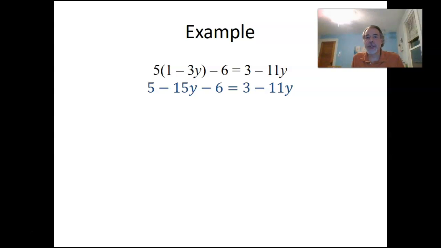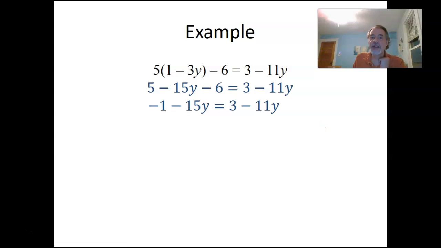Any like terms that are already on the same side that we can just go ahead and combine? Well, over on the left side, there are 3 terms in all, and 2 of those terms are constant terms, the 5 and the minus 6. So we can combine those into minus 1. All the other terms stay the same, and we have minus 1 minus 15y equals 3 minus 11y.